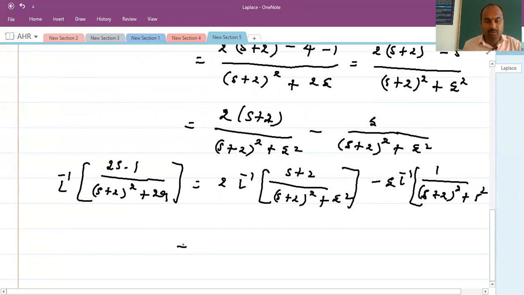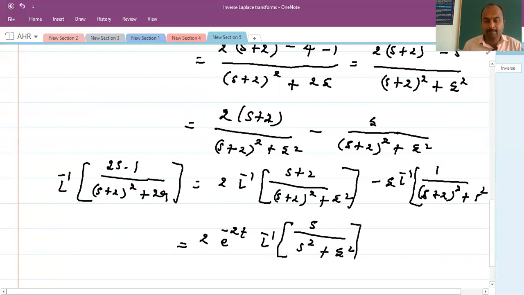Since we have s plus 2 on the right hand side, first you write e power minus 2t and change this s plus 2 to s, because I have taken e power minus 2t. So here s square plus 5 square, and here minus 5 into e power minus 2t into the inverse Laplace transform of 1 by s square plus 5 square.